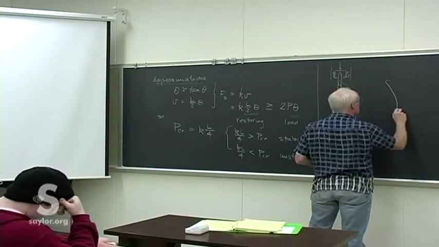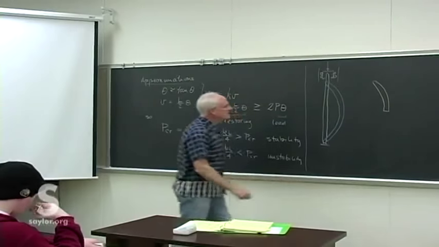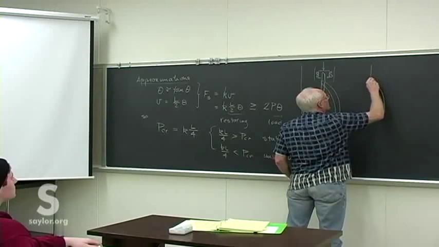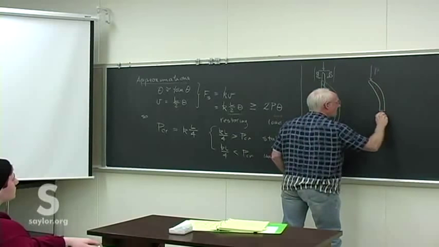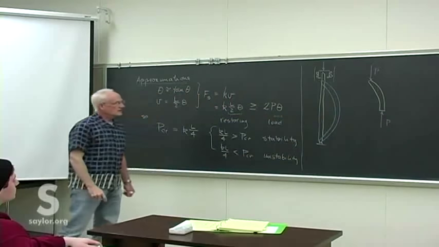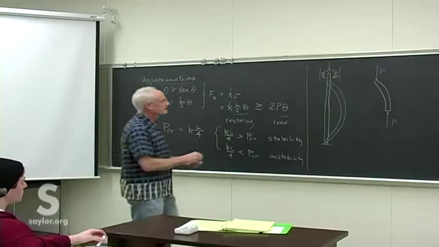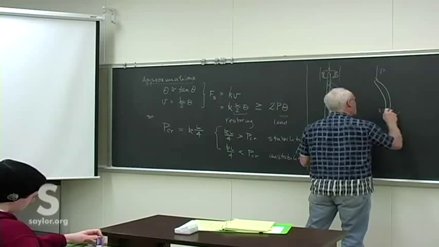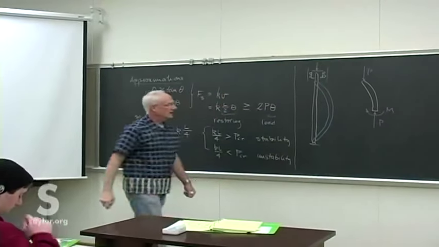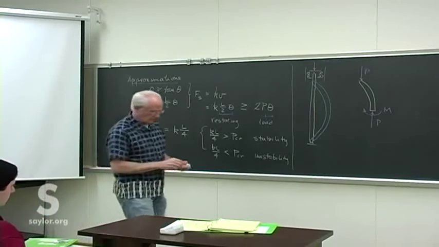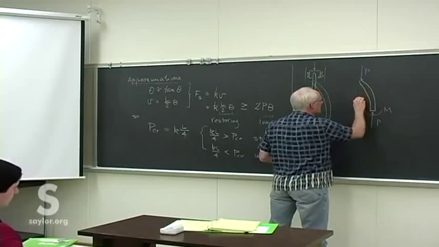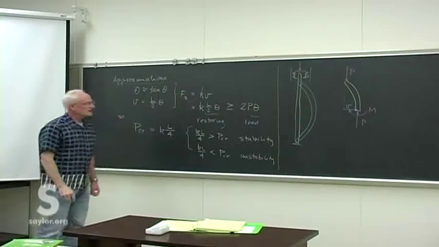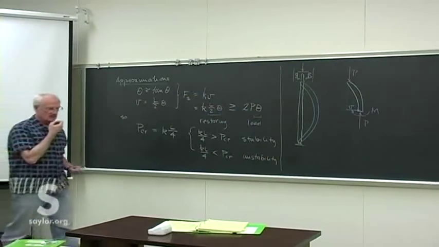So we'll make an imaginary cut somewhere right in the middle, and we know we've got loads like that, but those are offset and make a couple going that way, so we need an internal moment going the other way to counterbalance that moment, with V being the deflection at center beam, center column.